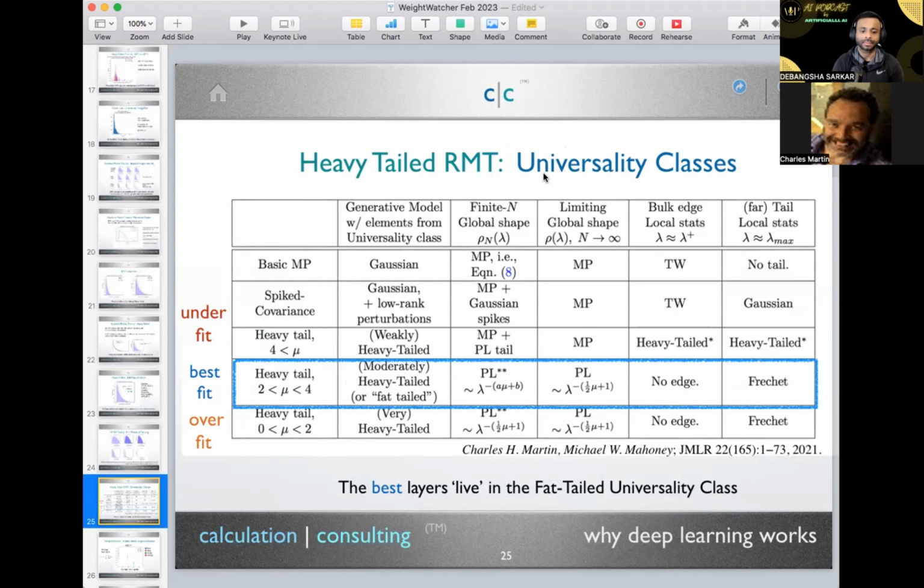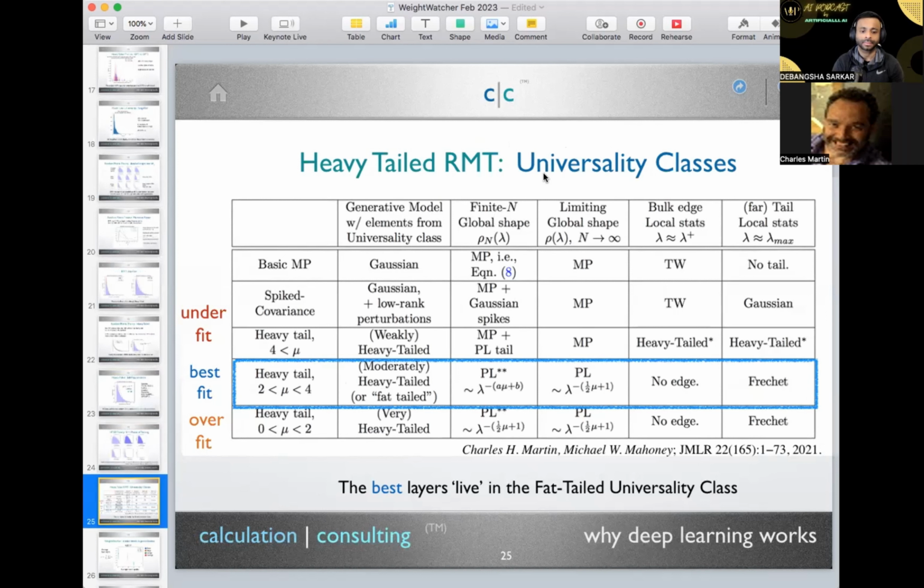But it was pointed out many years ago in the 90s in theoretical physics that, wait a minute, if W is not Gaussian, you can have other universality classes.